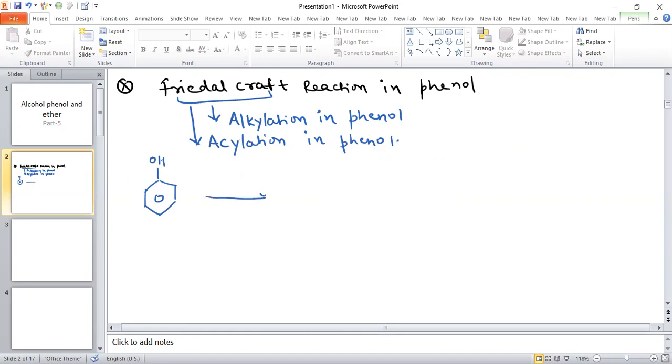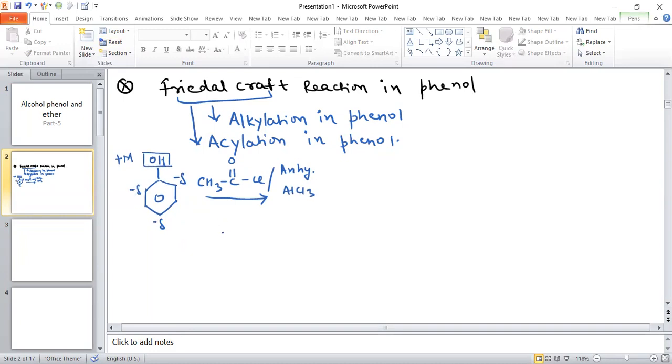When you add CH3COCl in presence of anhydrous AlCl3, see what happens. Basically, we know that this OH group is a plus M group, and a plus M group increases electron density at the ortho and para positions.